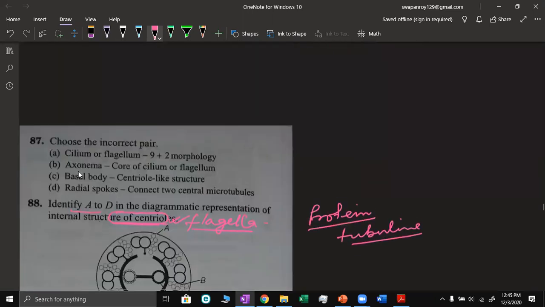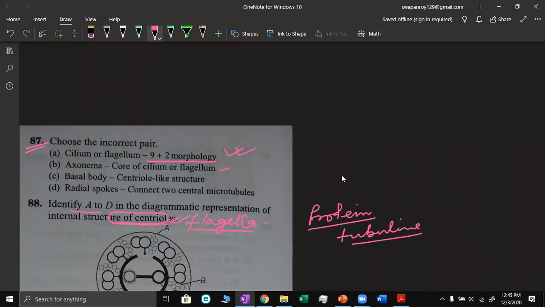Here you can see this question number 87. Choose the incorrect pair. Cilium and flagella have a 9 plus 2 morphology. This is correct. Axoneme, core of the cilium and flagella. This is true.